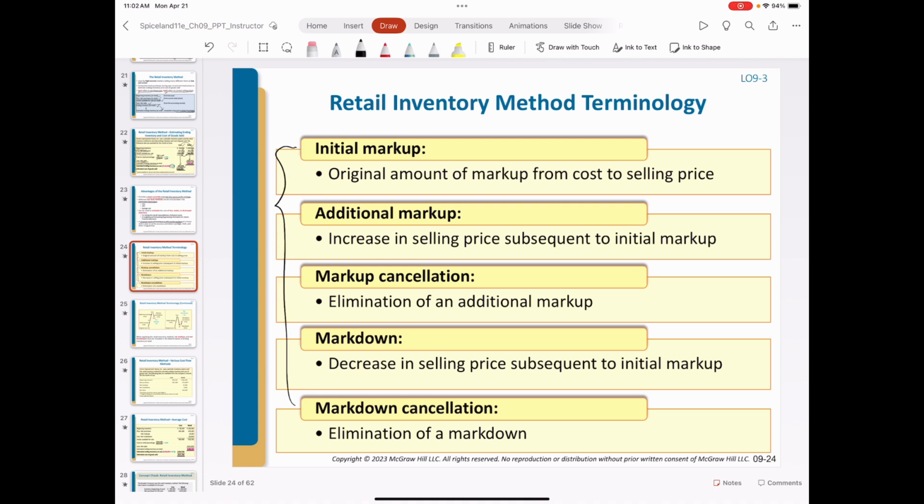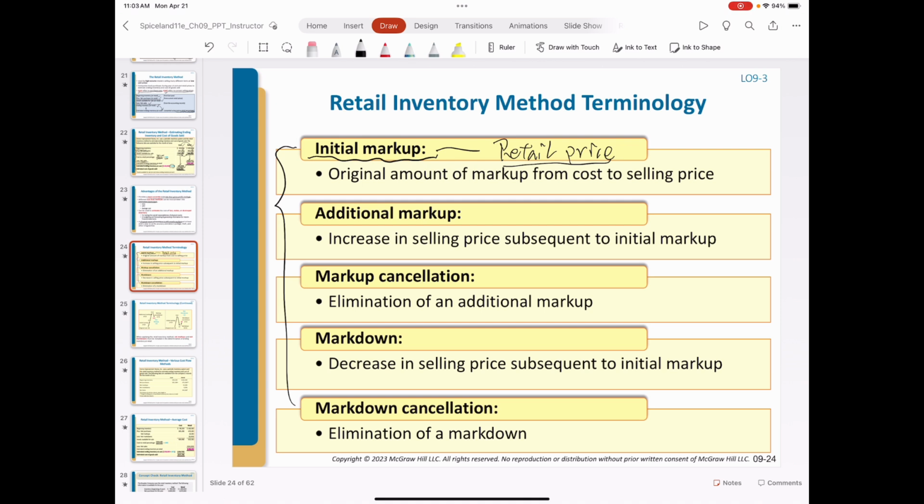Initial markup is the original amount of markup from the cost to selling price. After this initial markup, that represents the initial retail value. This also represents the tag price, the market suggested price.